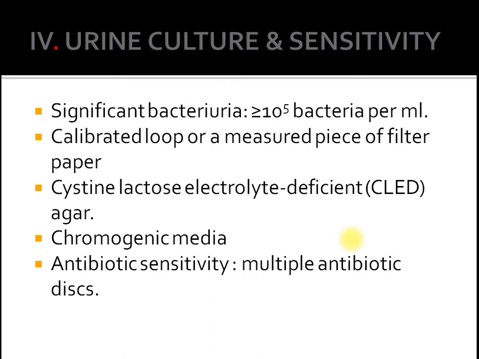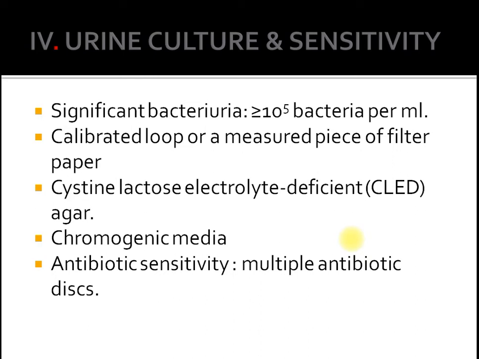The fourth method, which is the gold test for the diagnosis of UTI, is the urine culture and sensitivity. This is based upon the concept of significant bacteriuria, which means the presence of equal to or more than 10 raised to power 5 bacteria per ml of the urine sample.